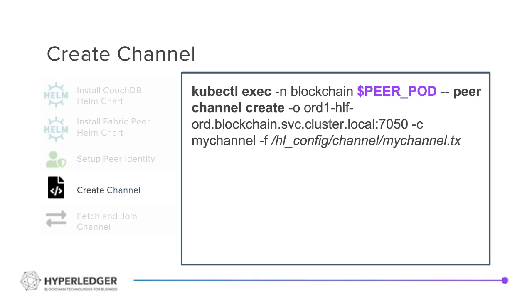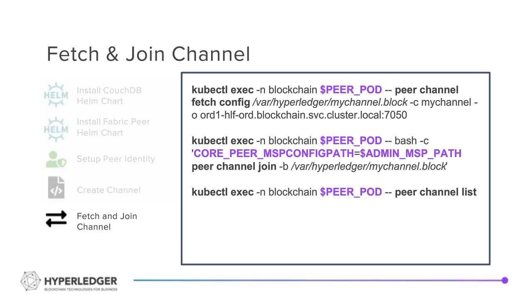Once the channel is created, you will need to fetch it and join it on every peer that you create by running the peer channel fetch config command inside the peer, and then run the peer channel join inside each peer container as well. Once all of that is done, you can run peer channel list to check that the peer has indeed joined the channel.